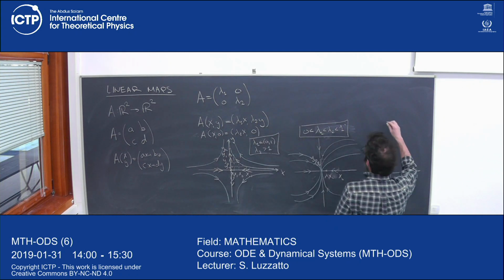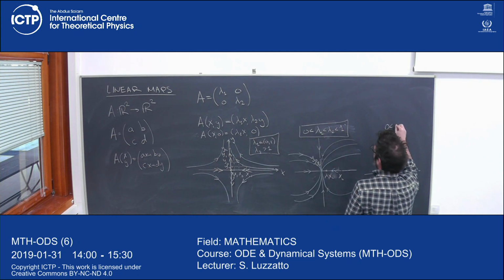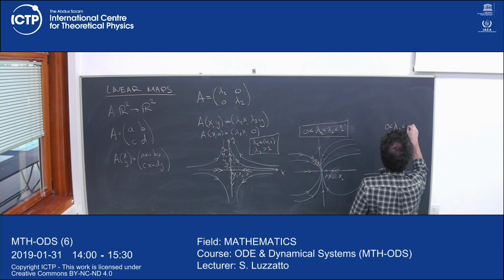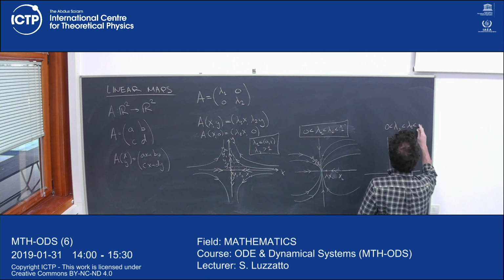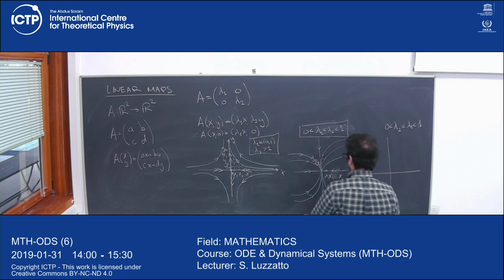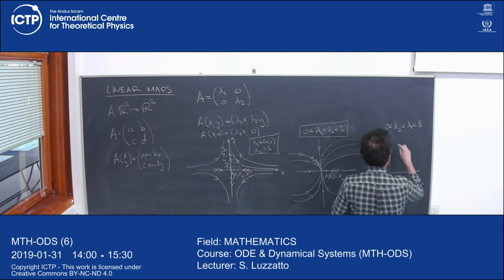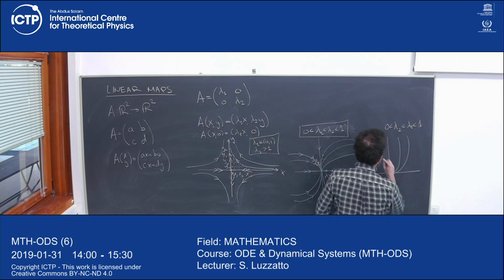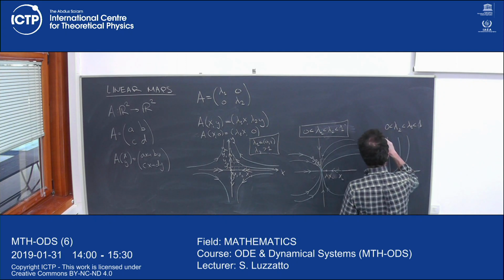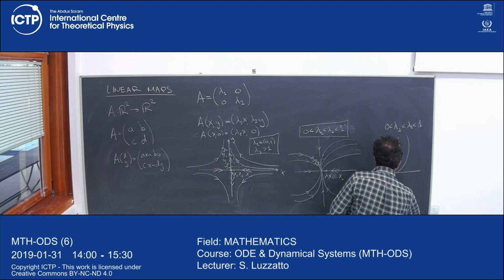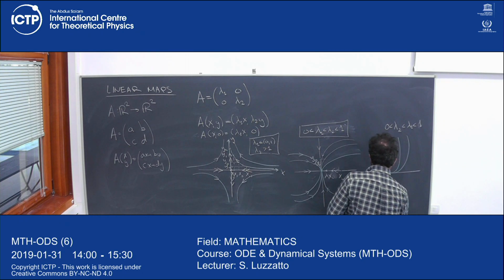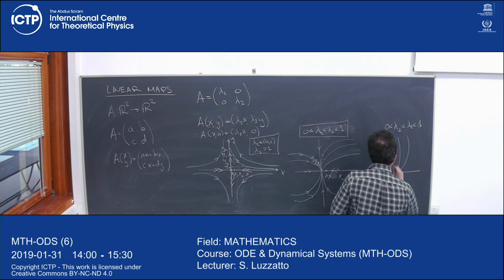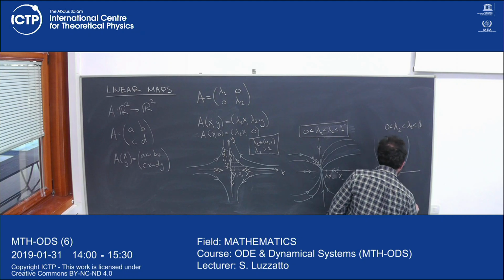Wait, let me just draw this other here. If lambda 2 was greater than lambda 1 was greater than 1, then you would get similar curves coming down like this. Because here you have a stronger contraction in this direction.